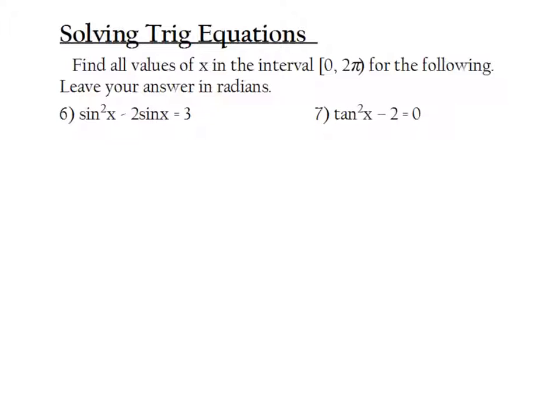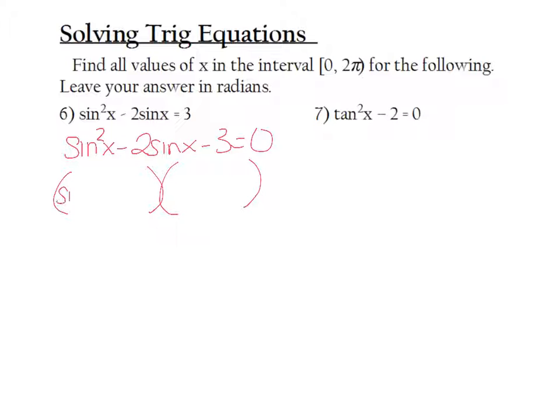When I look at this problem, I look at this like it's a squared term minus a linear term equals my number. I've got a trinomial basically happening. I need to get this set equal to 0 and factor. To factor this, you have to think of that sine squared x almost like it's just an x squared.